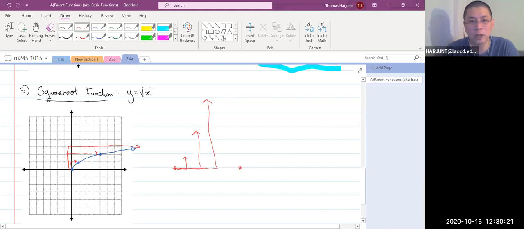It becomes, from the vertex, up 1 right 1, up 2 right 4, up 3 right 9. Okay.